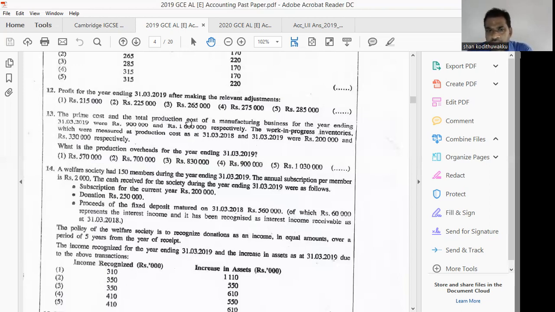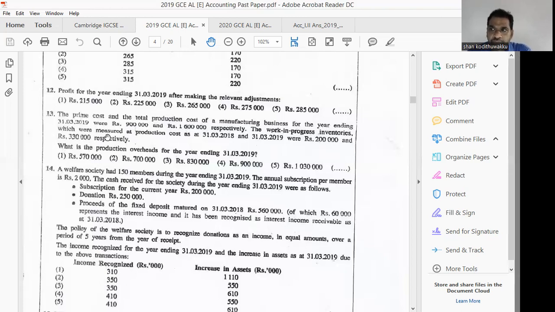But we can't take 700,000 directly, because 1.6 million is the total cost of production. We reached 1.6 million by deducting the difference between opening WIP 200,000 and closing WIP 330,000.